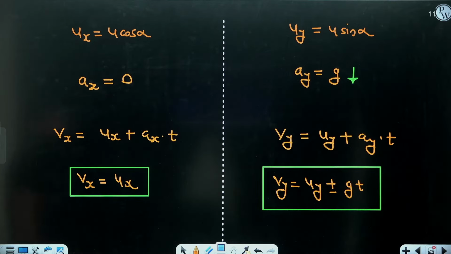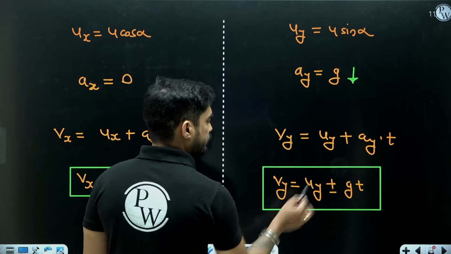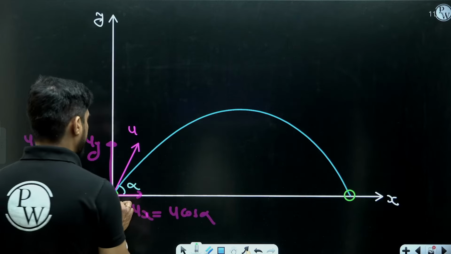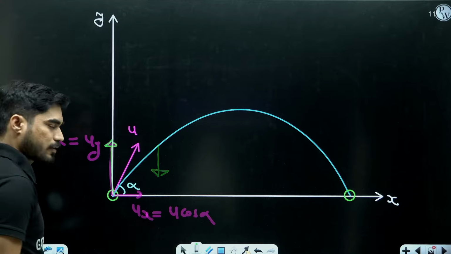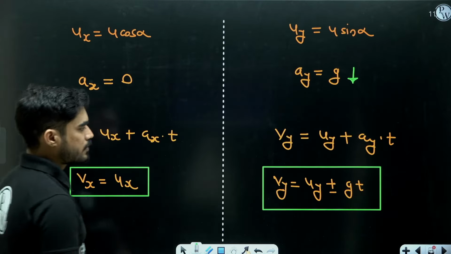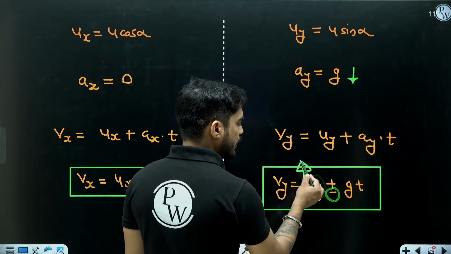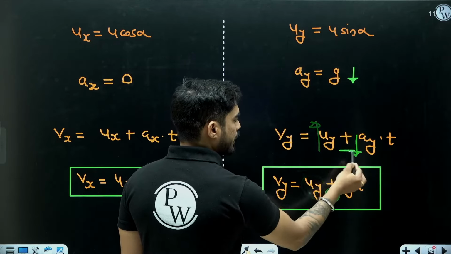Now understand what happens initially: the initial velocity in y is upward and acceleration is downward, right? So this will be minus gt. Uy is upward and ay is downward. So this will be minus gt.